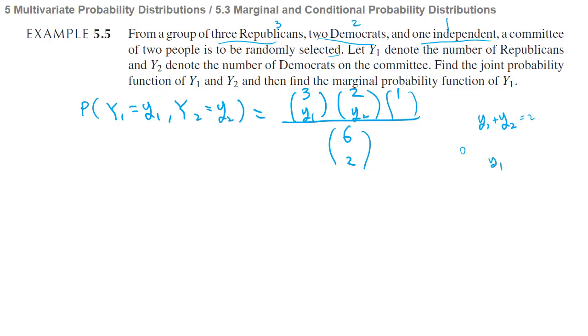If y1 plus y2 is 1, then this is 1. So we can say it is 2 minus y1 minus y2. If we specify it like this, then this should be okay.